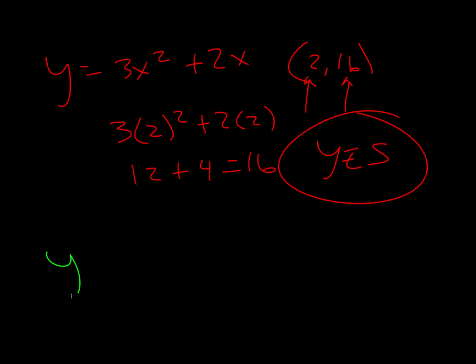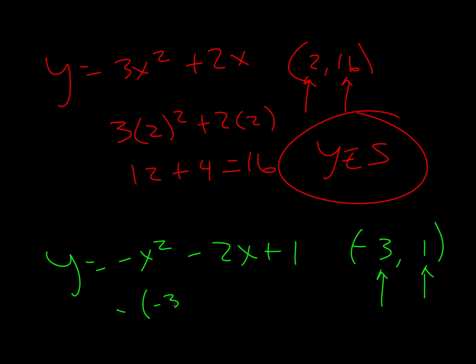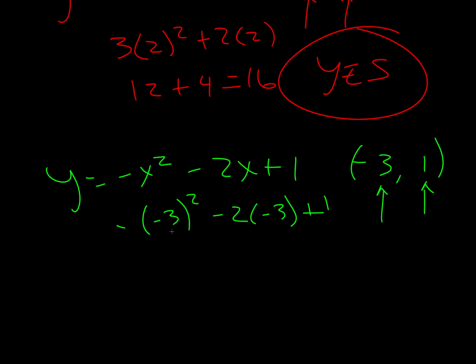Okay, same type of question. Okay, if we plug in negative 3, our answer should be 1. Alright, so negative 3 squared is 9, but then we make it negative because of this one.